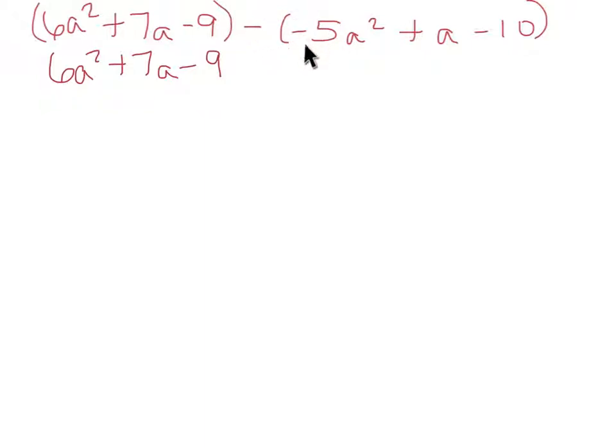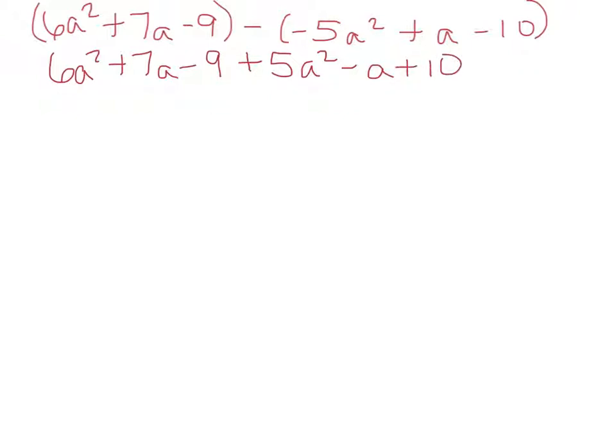Negative, negative, right? We have minus a negative 5a squared, which means when we rewrite this, we're going to write plus 5a squared. Now we distribute the minus sign to the positive a, to the plus a, and that becomes minus a. But then when we distribute the negative to the negative 10, it becomes then positive 10.